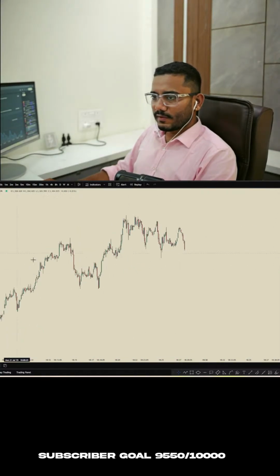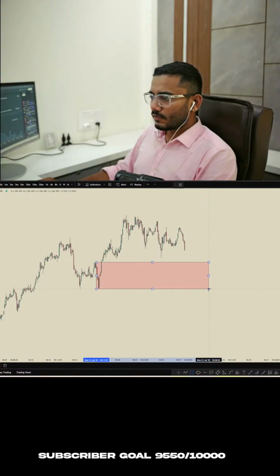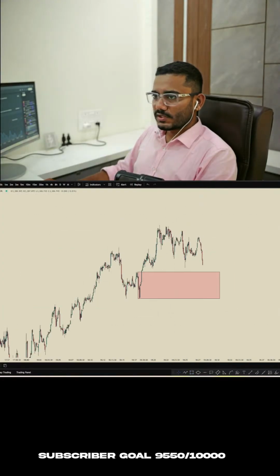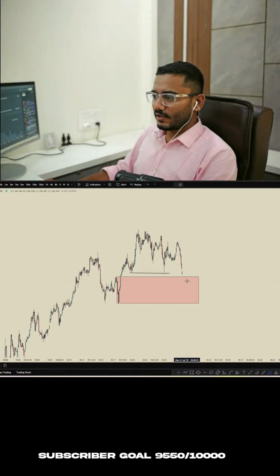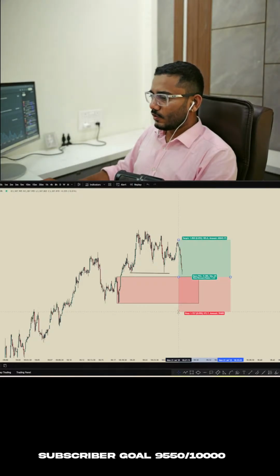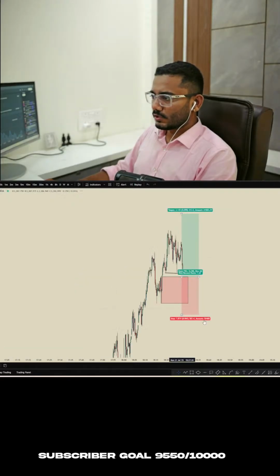On 50 minutes, we can say this is the move which is created, and now this structure is mitigated. So on 5 minutes, we can expect a new entry over here. Well, let's see how it goes.